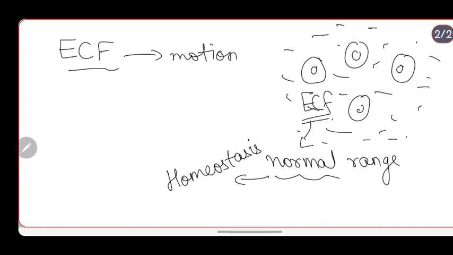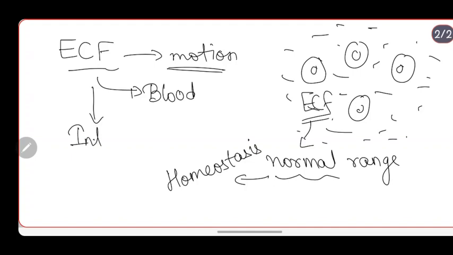So this extracellular fluid is always in motion, and its motion can be described in two forms: first in the form of blood, which flows in the blood vessels, and next outside the blood vessels, that is in the interstitial spaces of tissues, or the intercellular spaces. All right, interstitial fluid.